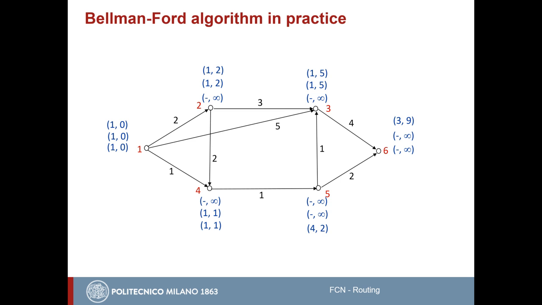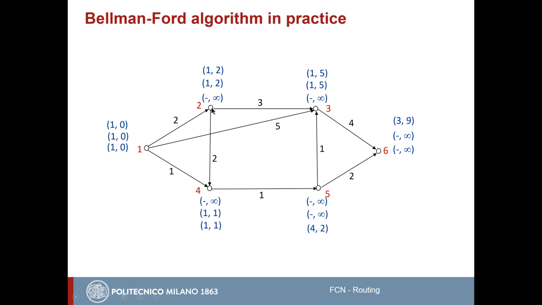Then next iteration, the label of node 1 doesn't change. The label of node 2 doesn't change because the only neighbor is 1, which has the same label as before. Now, the label of node 3. We have 2 neighbors which had finite distance in the previous step: node 2 and node 1.